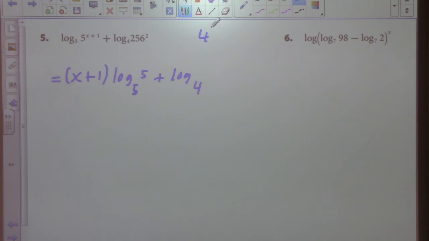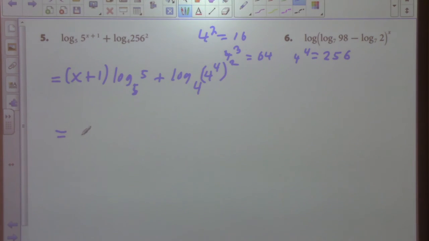Well, we know 4 squared is 16, 4 cubed is 64, and what's 4 to the 4th power? 256. So we can rewrite 256 as 4 to the 4th power, and then we have outside of that this 2.